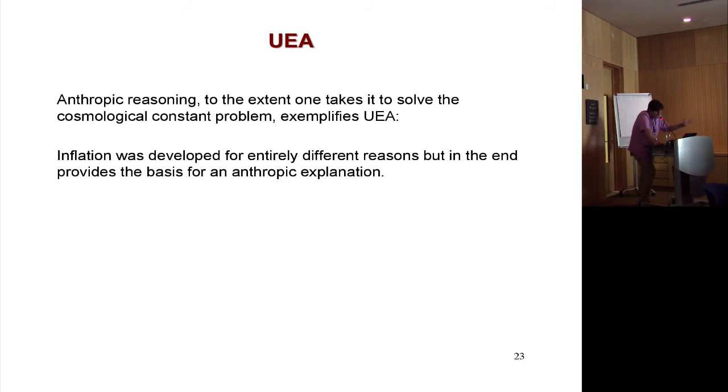Right. It's not the claim that anthropic reasoning explains the necessity of the cosmological constant. I would agree that this particular case is placed in between a novel confirmation argument and an unexpected explanation argument.